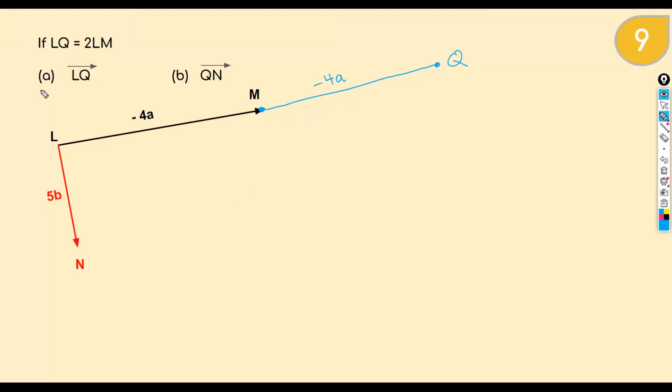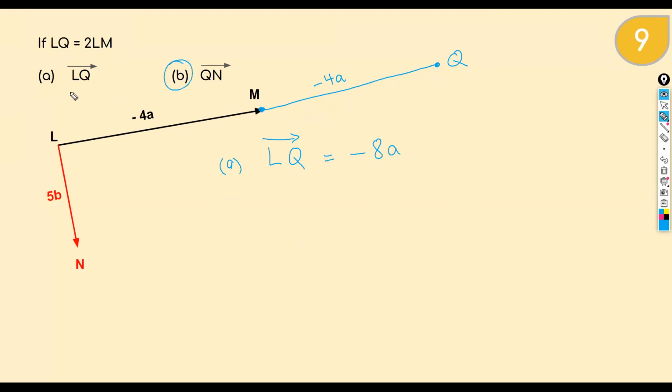I think I answered the first part already. If they ask you for part A, how much is LQ, LQ is minus 8a, right? Going from here to here is minus 4a, and then another minus 4a. That's minus 8a.